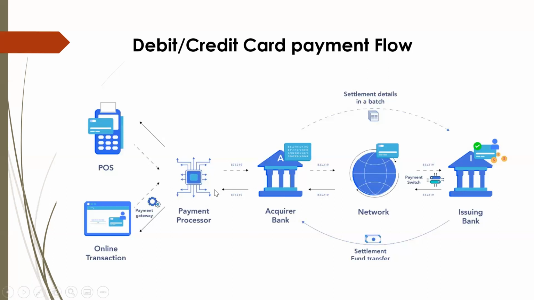Because the transaction is initiated by the merchant, it goes to the acquirer bank, ICICI Bank. ICICI Bank contacts HDFC Bank. All these things happen through Mastercard or Visa, because they issued the card, so they come into the picture.